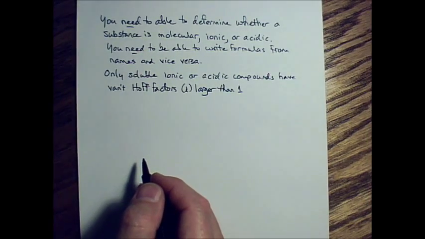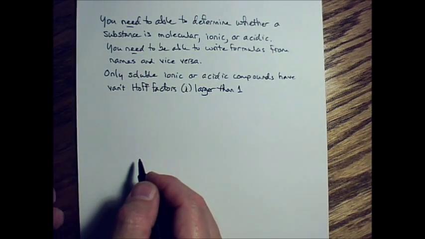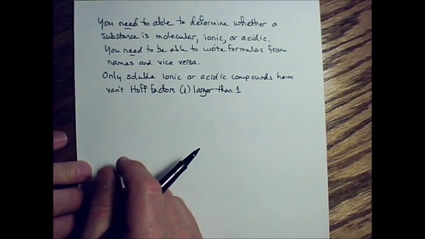So if you can't determine whether you have an acidic, ionic, or molecular covalent compound, you can't tell what the Van't Hoff factor is. And you need to be able to do that.